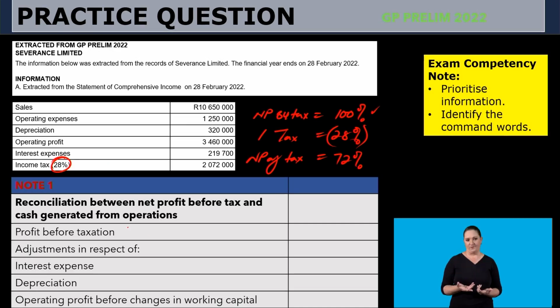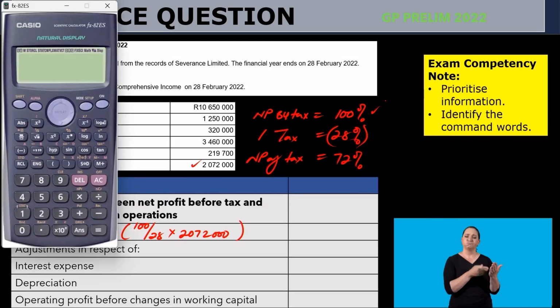So I'll come here and say, what is it that I want? I want net profit before tax, which is 100. What do I have? I must have two things, the percentage as well as the rand. I have 28, which is your 2,072,000. Let us now punch this onto our calculator.